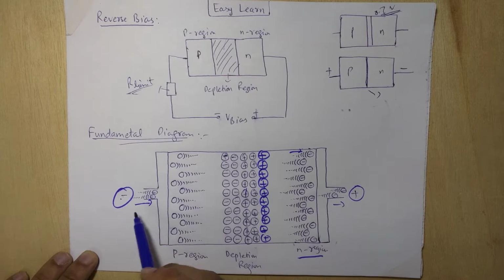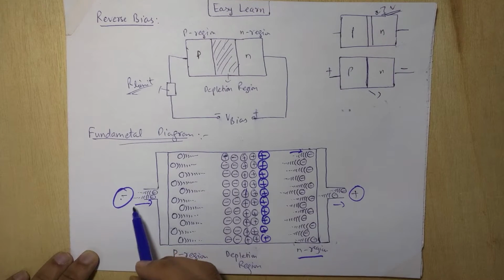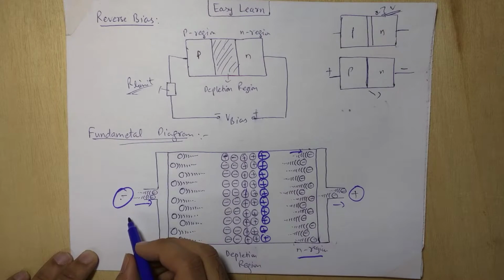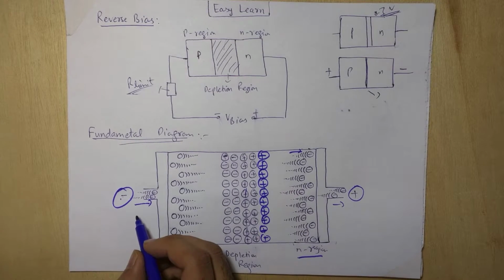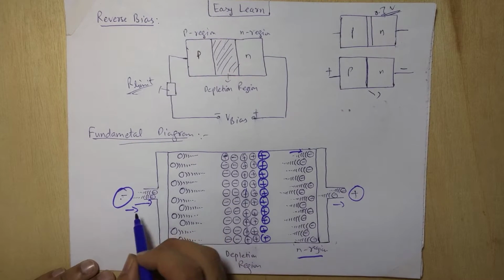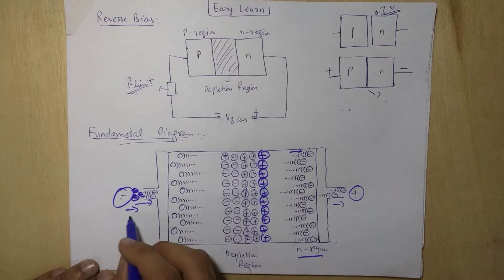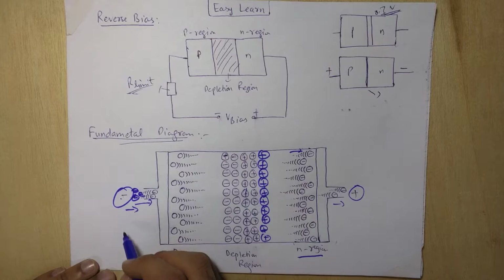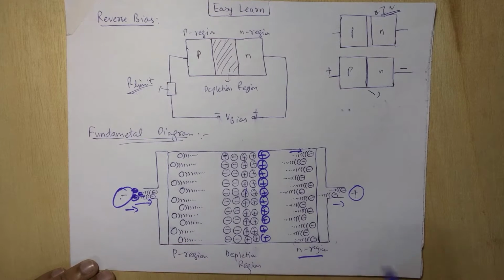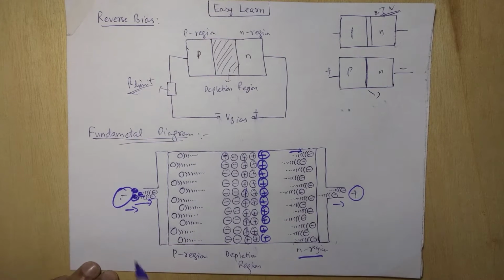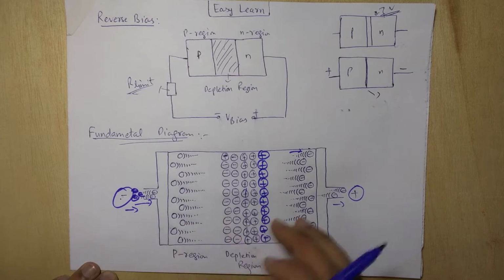There is a high potential, and from this high potential there is a huge pressure from this side on the negative electrons. A lot of negative electrons are trying to enter because there is a high potential. We connected a high voltage from the battery, for example 10 volts, and the negative charges are trying to enter.